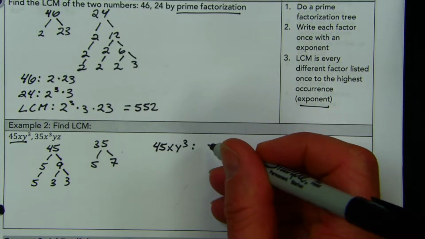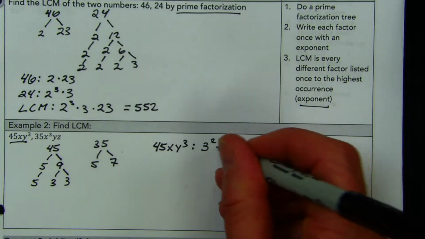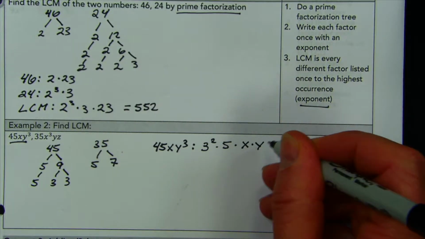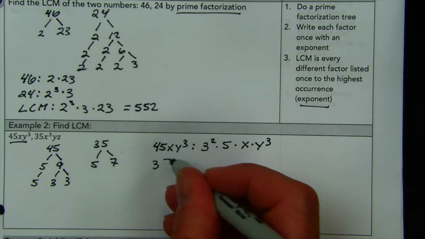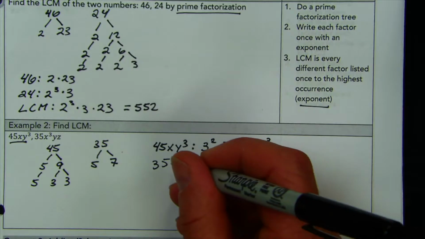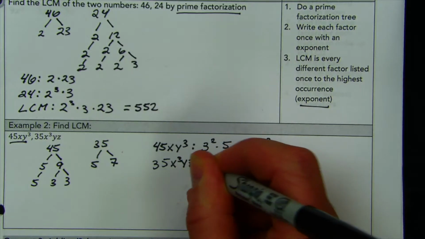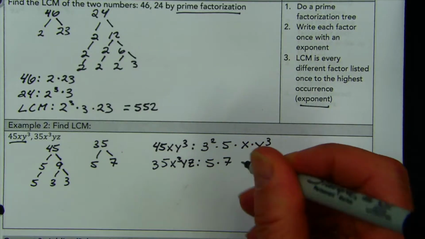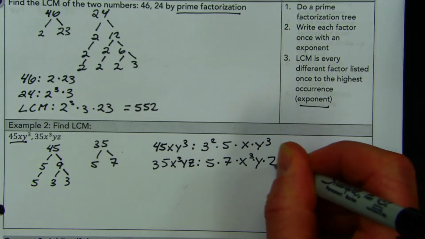So 45 is 3 squared, 2 3's, times 5 times x times y cubed. All right. 35x cubed yz is 5 times 7 times x cubed times y times z.